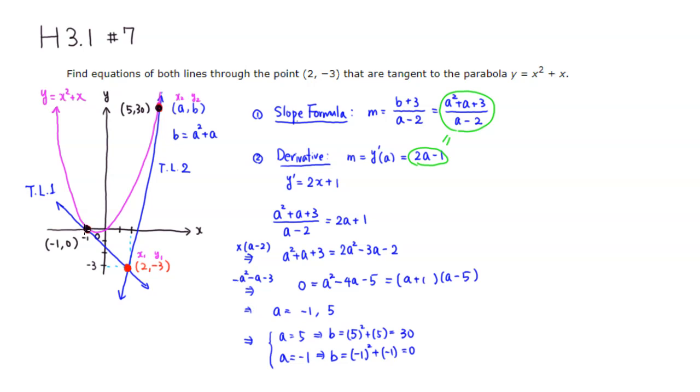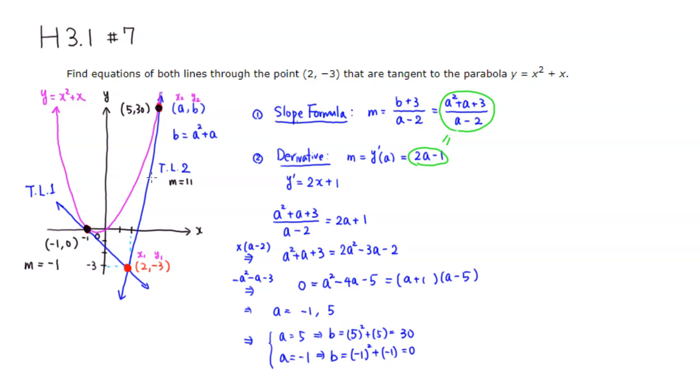For the slope, all you have to do is plug negative 1 into the derivative. So the slope m for tangent line number 1 is 2 times negative 1 plus 1, which is negative 1. For tangent line number 2, a is 5, so 2 times 5 plus 1, so the slope is 11.